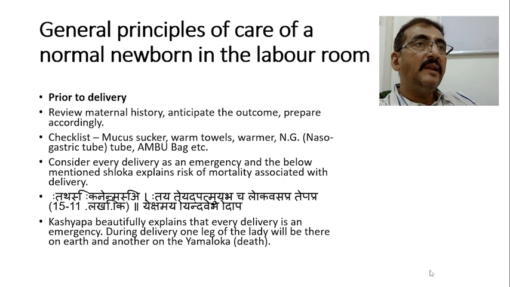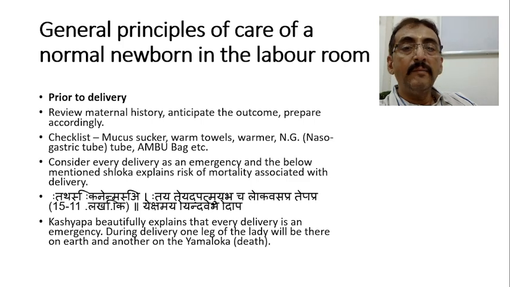Then we need an Ambu bag, an artificial mechanical breathing unit. We need a laryngoscope of different blade sizes, and endotracheal tubes. We need a cord cutter as well as a cord clamp, some cotton pads, shoulder pad, etc. And we should ensure the presence of an oxygen source, maybe an oxygen cylinder, centralized or cylindrical.